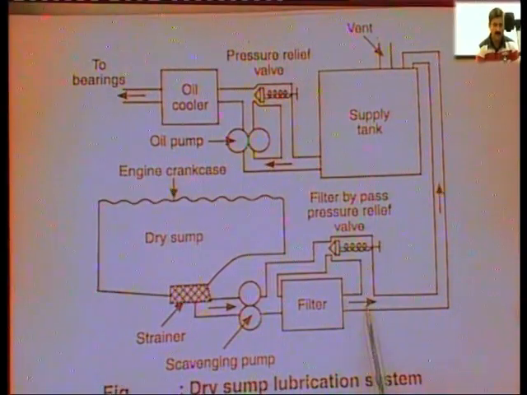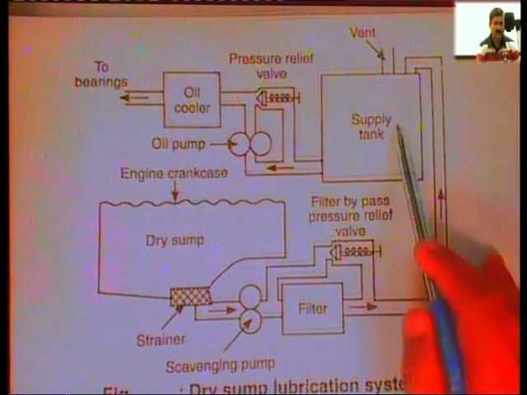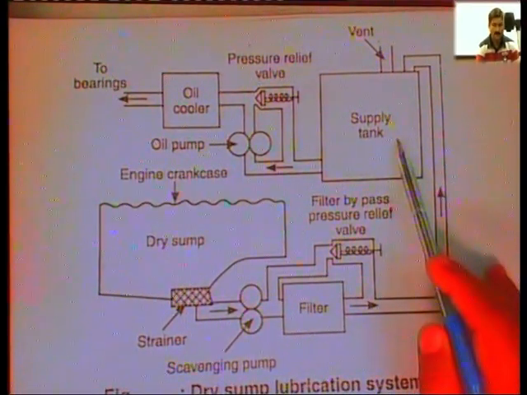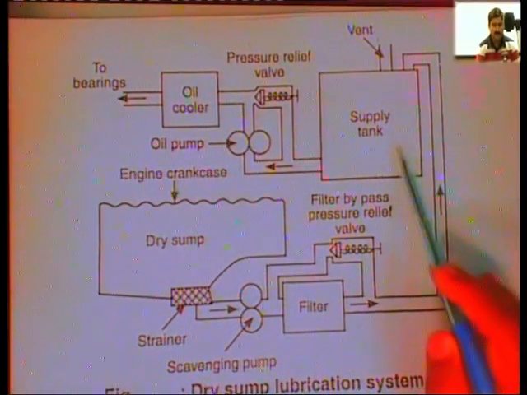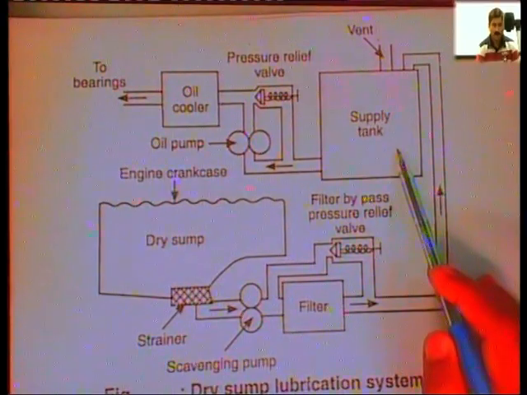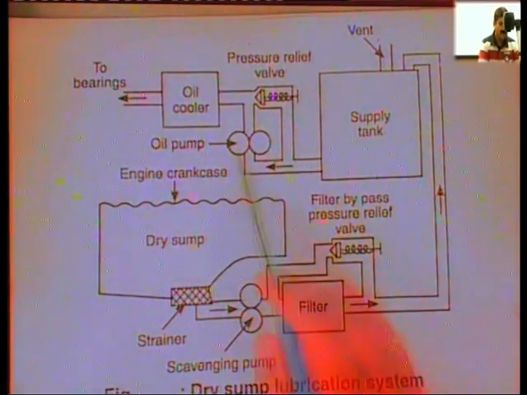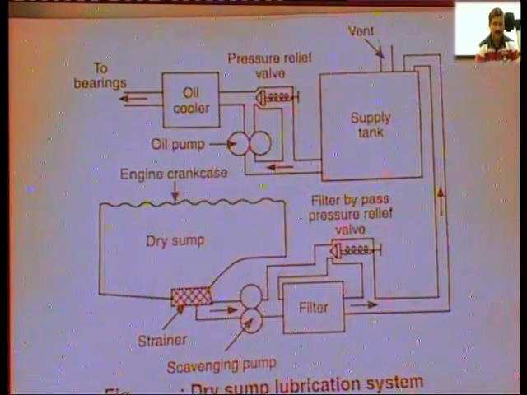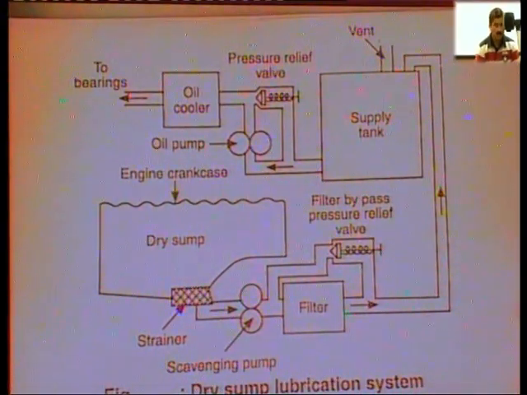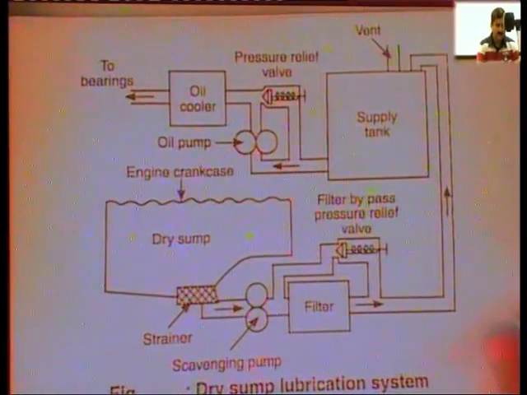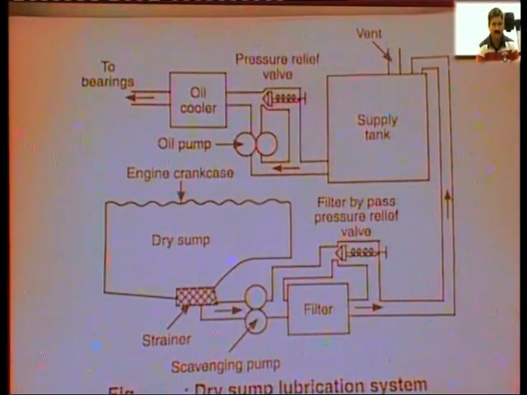If the pressure here increases, this valve will open and it will again bypass the pressure of the lubricating oil, and from here the oil will again go to the supply tank and be stored here. So, here we can say that this supply tank accumulates all the lubricating oil, and these two pumps give a continuous supply to the lubricating parts of an aeroplane engine. That is why this is called the dry sump lubrication system.